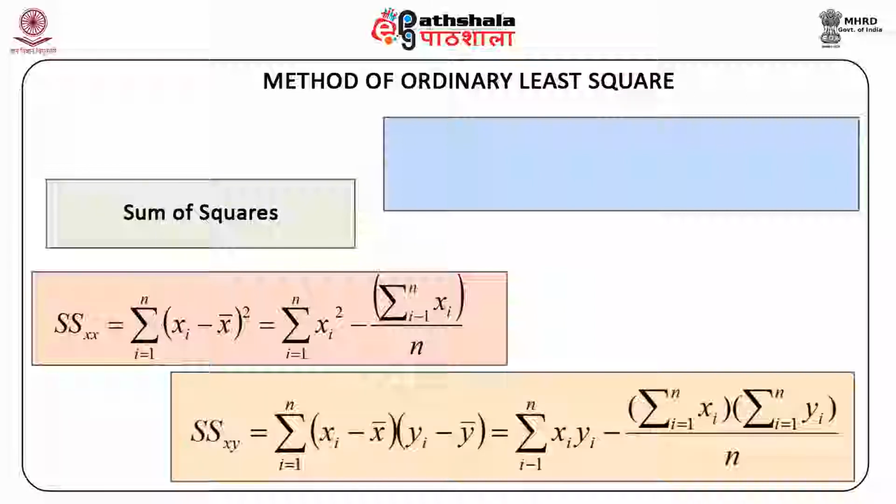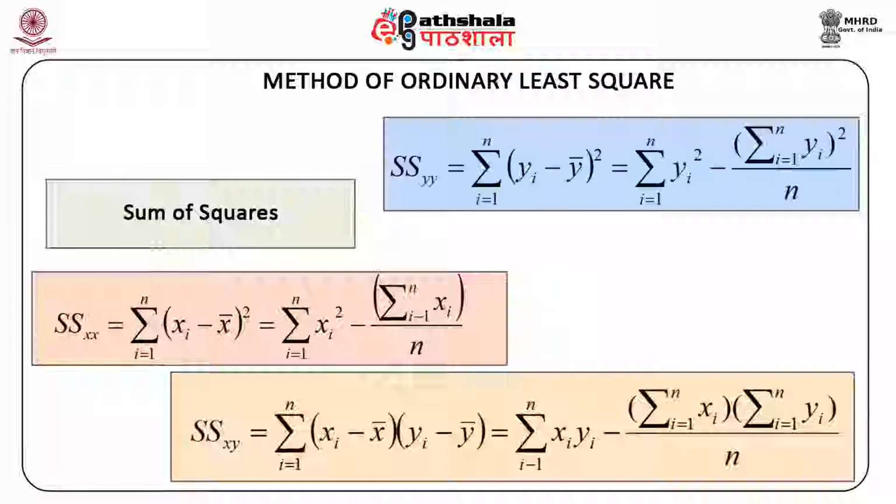SSXY is equal to summation i from 1 to n (xi - x bar)(yi - y bar), which is equal to summation i from 1 to n xi yi minus (summation xi) multiplied by (summation yi) divided by n.